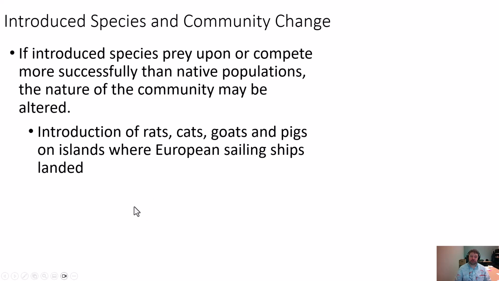We'll talk a little bit about the positive, or in some cases there are positive introduced species, or at least from a human perspective, we believe them to be positive, and we'll talk about those in a second after we hit on the negative. So what do we do? What do you do when you've introduced a rat or a cat to a new ecosystem and their populations explode?